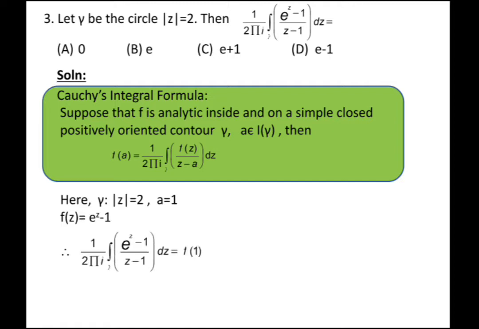So by this formula, 1 by 2 pi i into integral over gamma e raised to z minus 1 by z minus 1 dz is f of 1, that is equal to e raised to 1 minus 1, which is equal to e minus 1. So here option D is the correct answer.